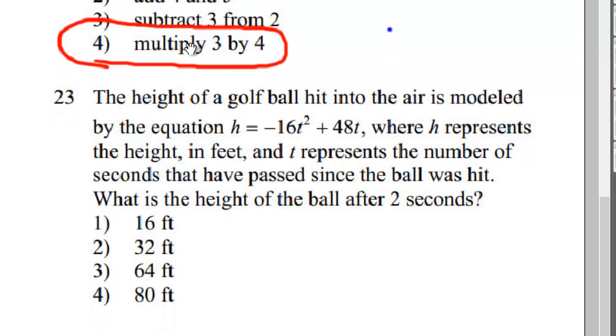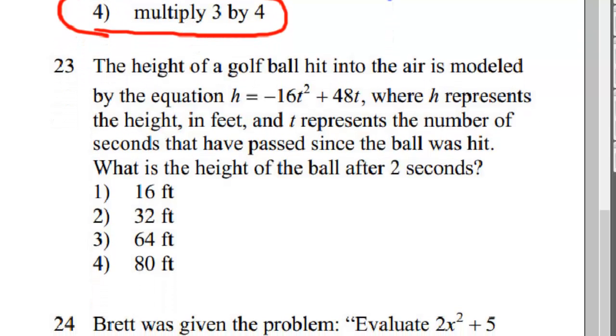Let's take a look at number 23. It says, the height of the golf ball hit into the air is modeled by the equation h equals negative 16t squared plus 48t, where h represents the height in feet and t represents the number of seconds that have passed since the ball was hit. What is the height of the ball after 2 seconds? So 2 seconds indicates the number of seconds that have passed since the ball was hit, and that's what we're going to be plugging in.